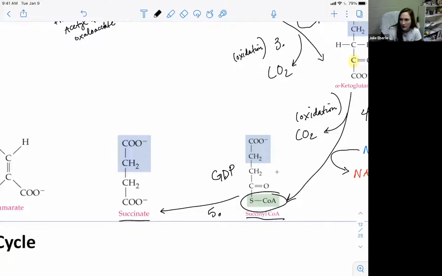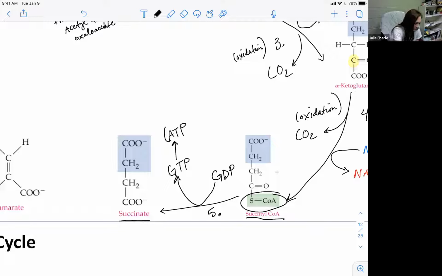Now, y'all are probably like, what in the world is GDP? I mentioned this yesterday, but you probably don't remember because I just mentioned it. It's like the cousin to ADP, okay? Very similar molecule, just instead of adenosine, it's a different base, guanine. So we're going to phosphorylate it and make a molecule of GTP, and GTP is immediately going to be made into ATP.